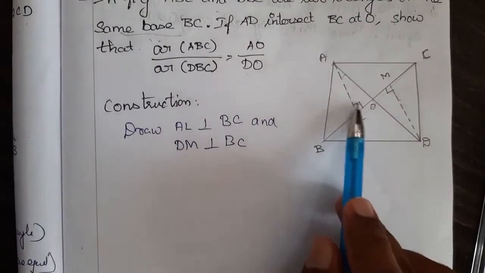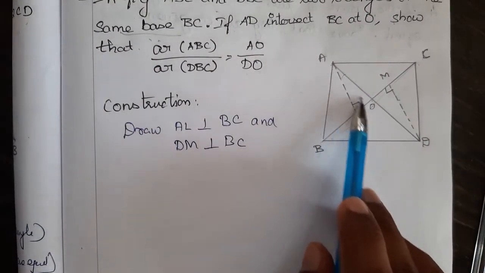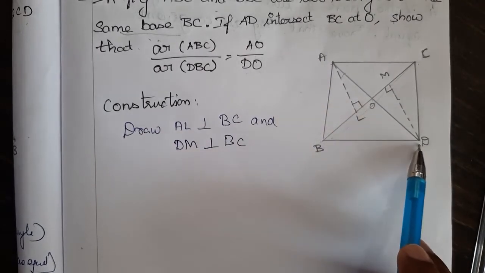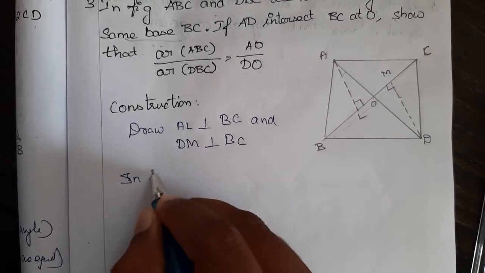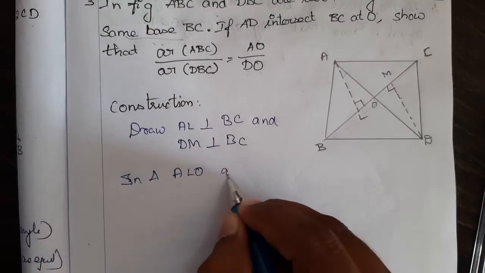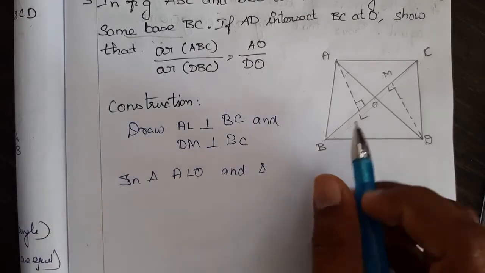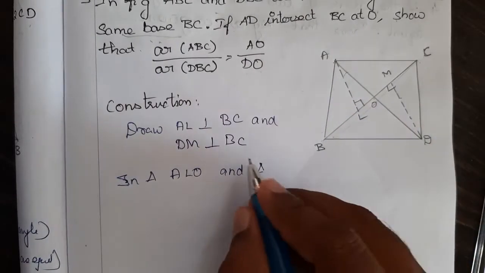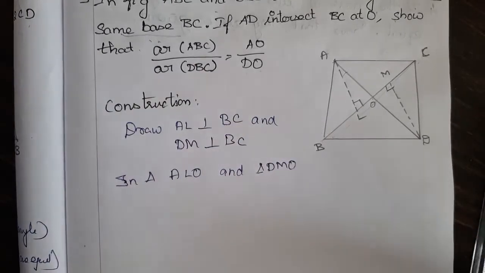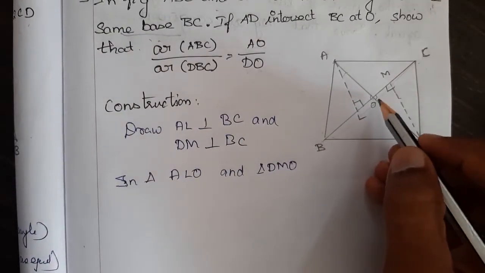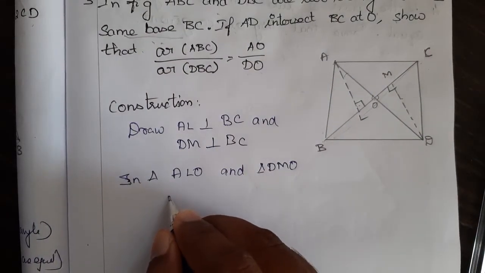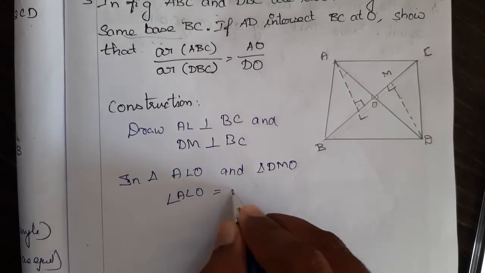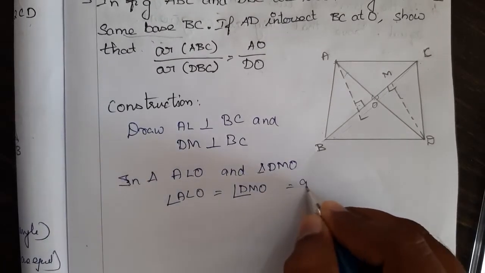Now let me prove these two small triangles are similar, so that we can say AO and DO will be in the same proportions, right? So in triangle ALO and triangle DMO, angle ALO is equal to angle DMO, which is 90 degrees, a right angle.